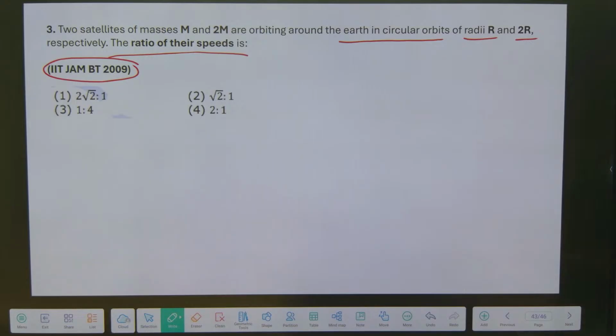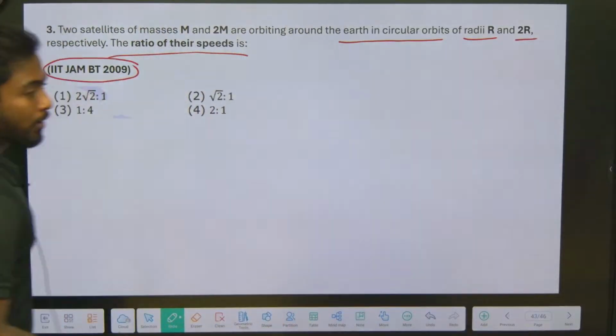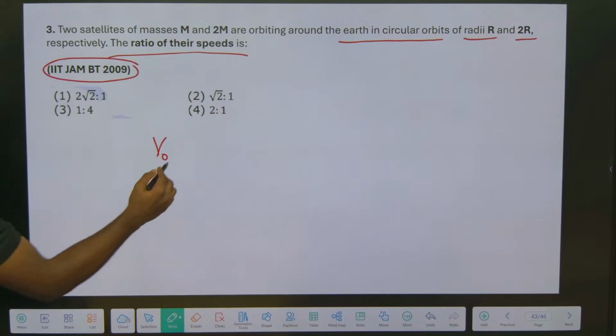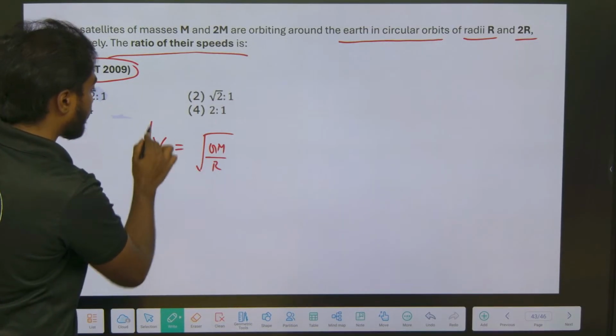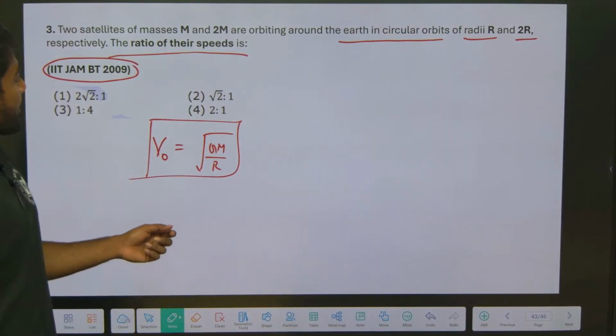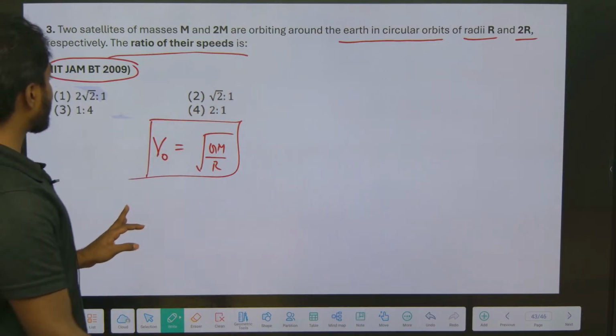Okay, can we go for the answer part? They are asking about two satellites, in the sense the velocity of orbit will be equal to root over GM by r, that is the formula. Now I need to find the ratios. Mass is given and radius is given.